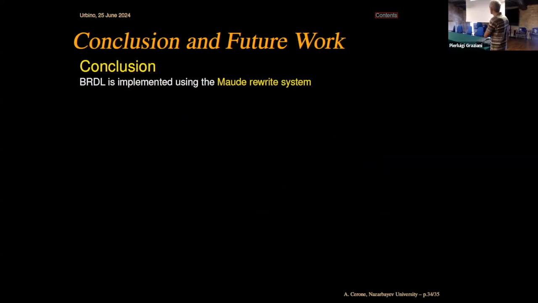Okay, so let's conclude. Now, I didn't mention the implementation, but this is implemented using the Maude rewrite system. I said there are many formal methods you could use, but Maude is quite useful because, being based on rewriting rules, it is very easy to implement the rules that I described for the behavior.